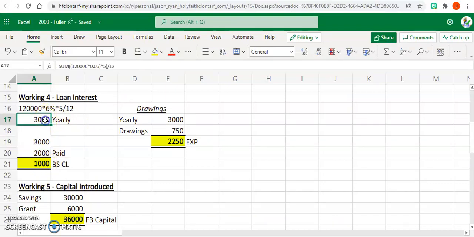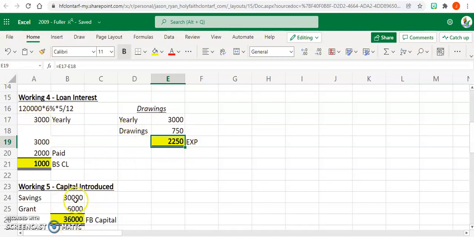Remember, that will go into your profit and loss account. Take away your 2,000, so you've got 1,000 left. That goes into your balance sheet in your current liabilities. Drawings then, 3,000 of the yearly amount, 25% of that then goes to your drawings, which is 750. So the expense that goes into your profit and loss account is your 2,250. So you've adjusted this 3,000.